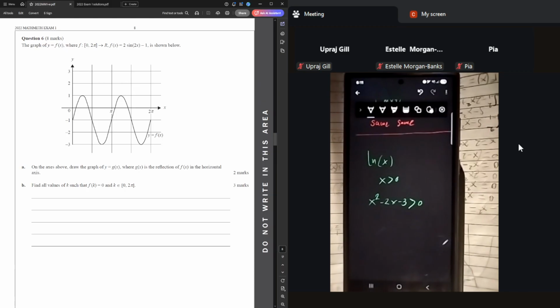Yeah, and don't feel like you need to recopy the graph that's already there. Happy for you to just draw the new one instead. Although it might actually help to make use of the reflection of it.